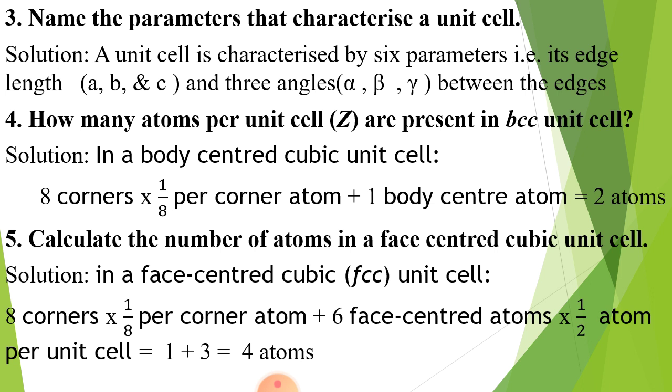Each face contributes 1/2 atom per unit cell. On solving this, we get total number of atoms 4 per unit cell. So that means FCC always contains 4 atoms per unit cell.